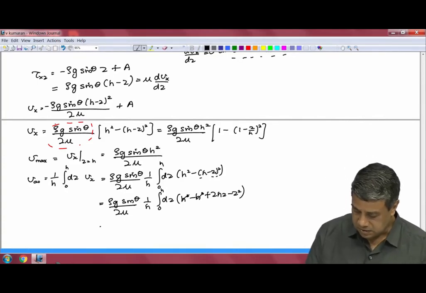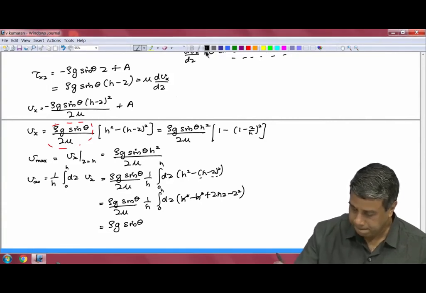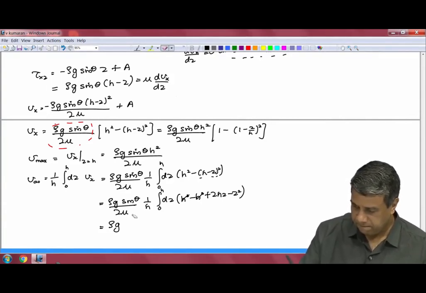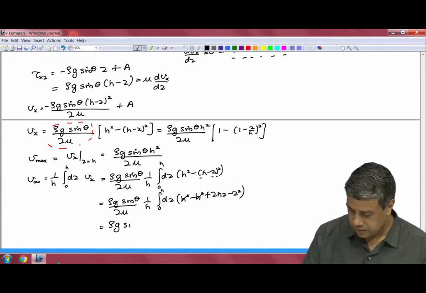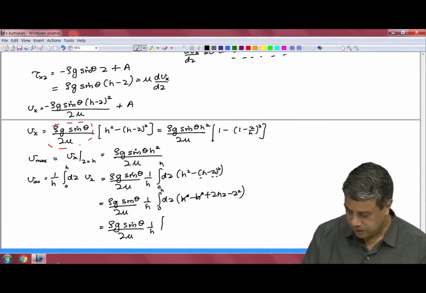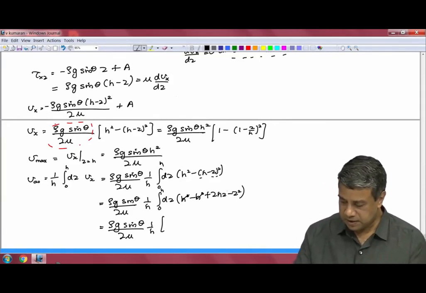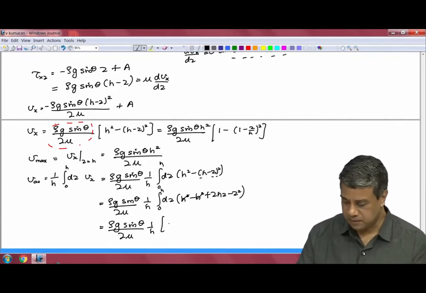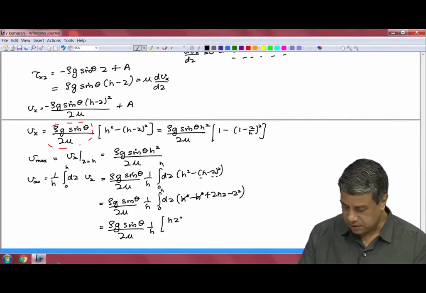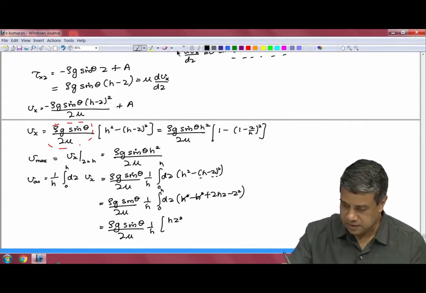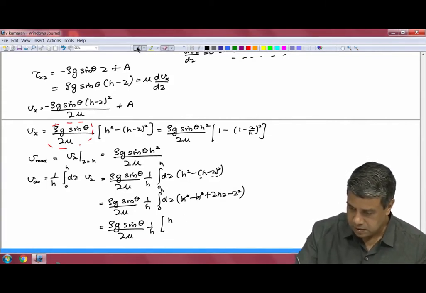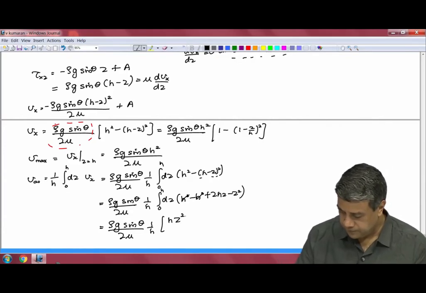This is equal to rho g sin theta times the integral. If I integrate 2hz, I will just get hz square, and if I integrate z square, I will get z cubed by 3, between 0 and h.